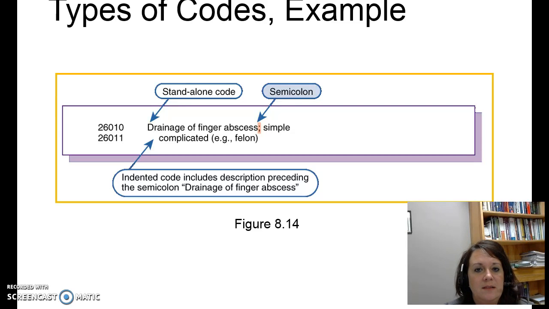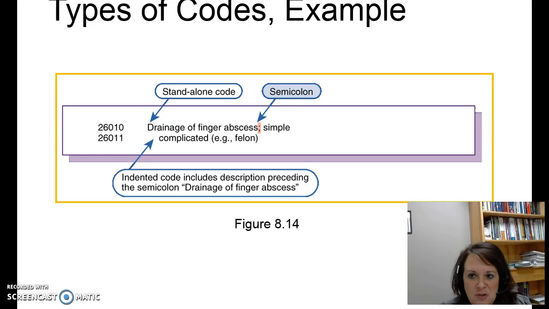If I wanted to read the definition of 26011, I would say drainage of finger abscess, there's a semicolon, I have to stop. Skip down. Complicated. Drainage of finger abscess, complicated, for example, or e.g., felon. That's my full definition for code 26011.